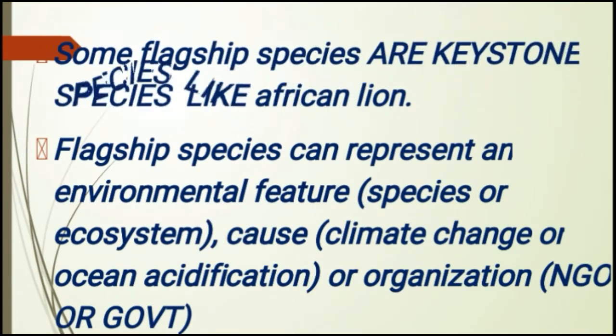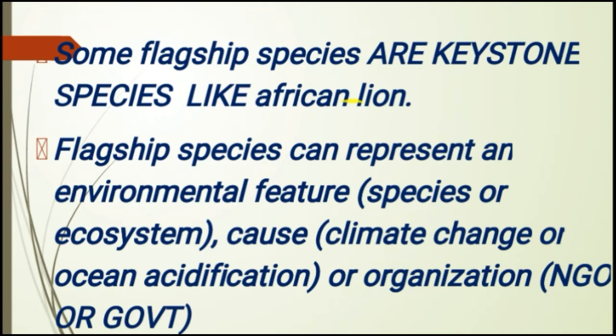Some flagship species are keystone species, like the African lion. Now you obviously know keystone species are few in number, but they decide the ecosystem's work and functionality, or all of its structure. So these are very important species, like the African lion, or you can say a lion in a whole forest.